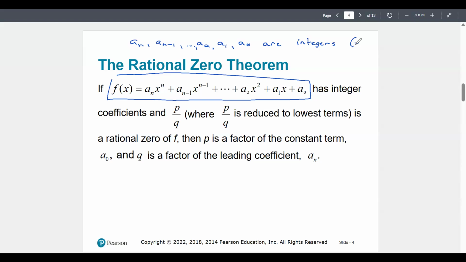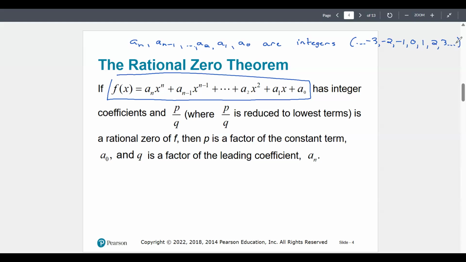So remember, integers are like this set of numbers: -3, -2, -1, 0, 1, 2, 3, etc. So you don't have to worry about this one so much right now because everything we're going to give you is going to have integer coefficients, but in the future, this has to be integer coefficients.